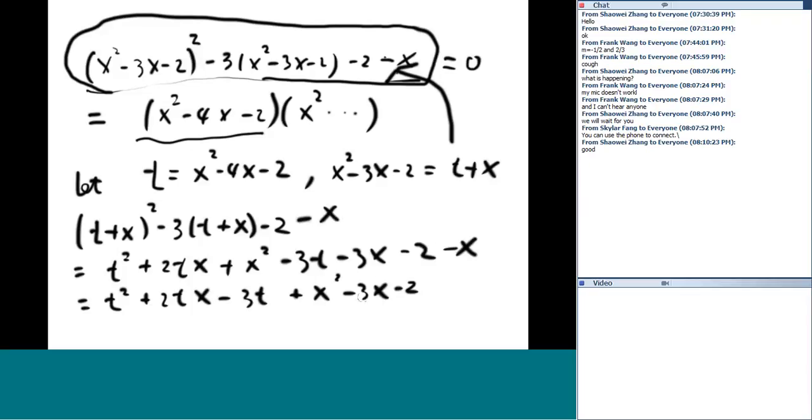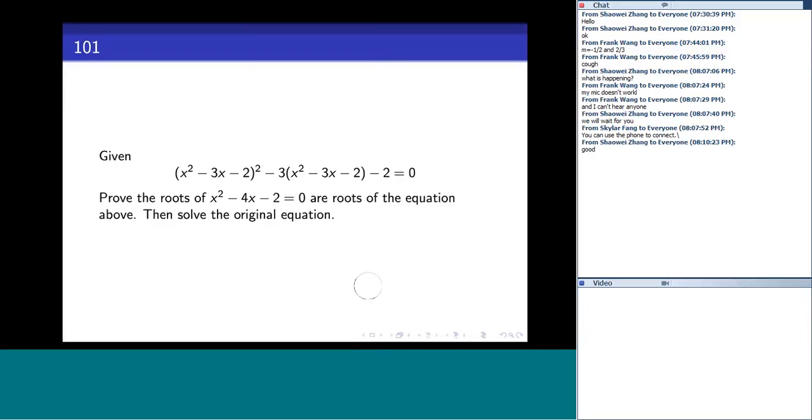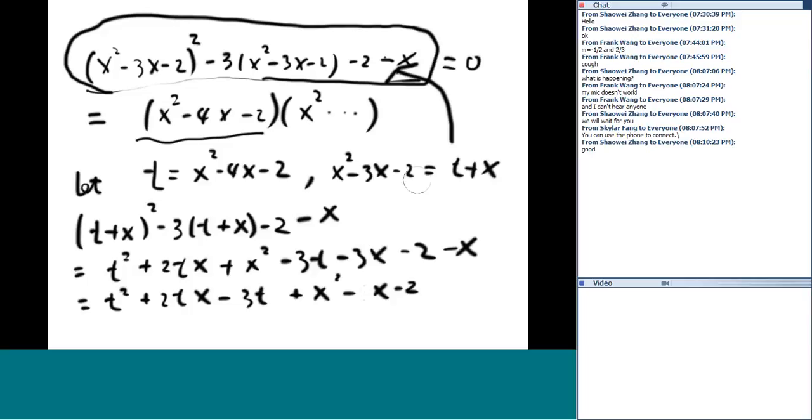Let's do that again. Yeah, this is doing something wrong. No, this is my local computer. Right, like that. There you go. Okay, here is the t again.